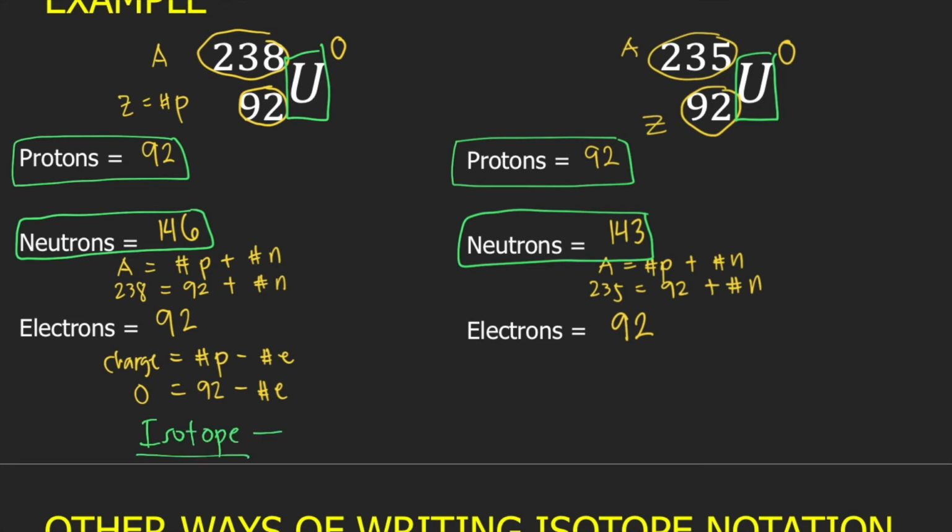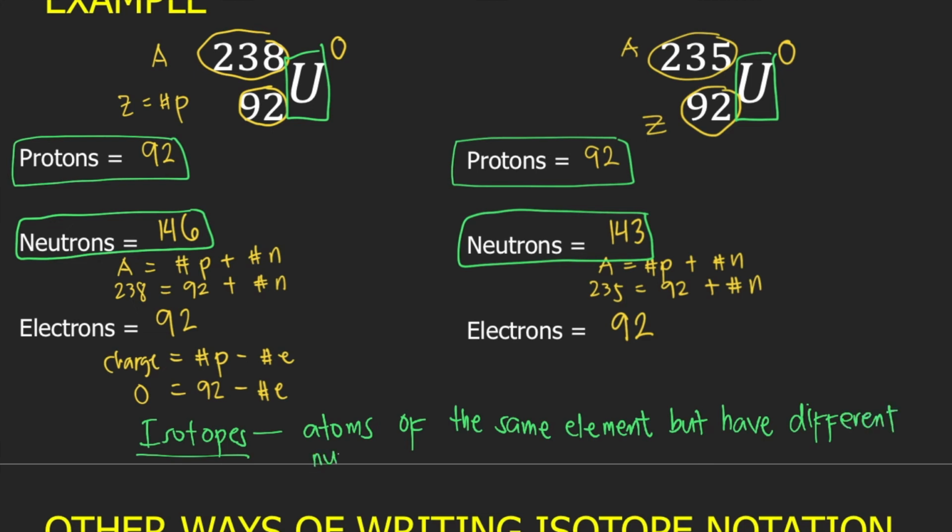Isotopes are atoms of the same element but they have different number of neutrons. So please remember this definition of isotopes. They are atoms of the same element, but they have different number of neutrons. Okay, so I hope you understood that.